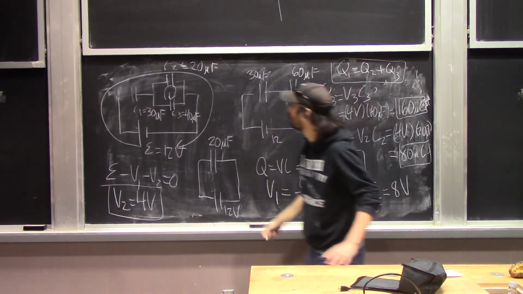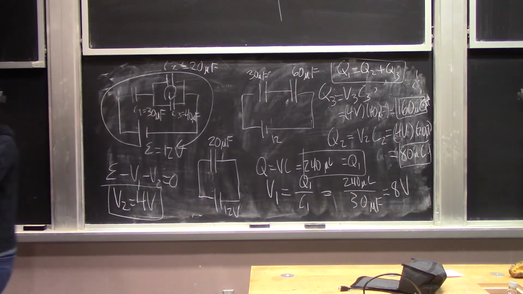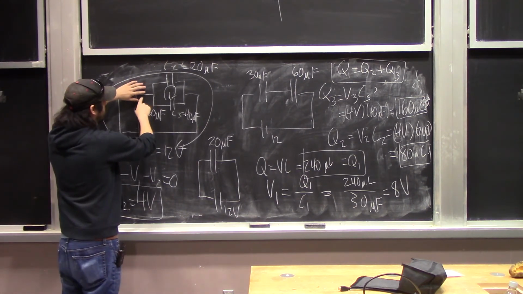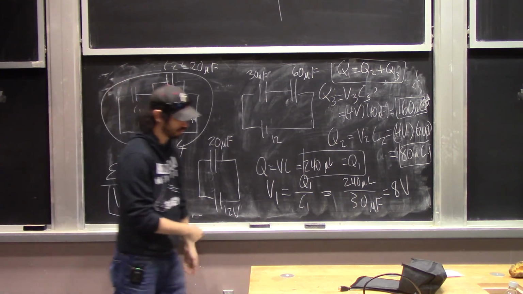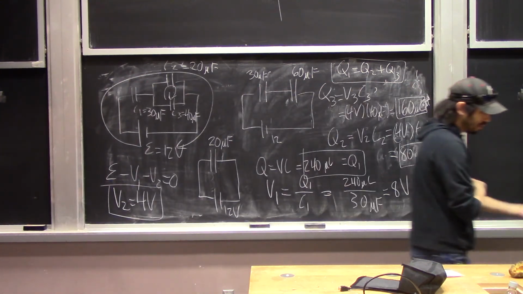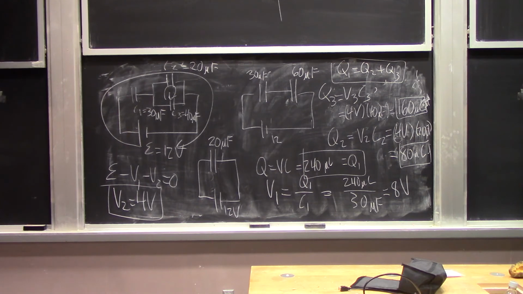In some sense, that establishes a junction rule for charges. If I had this Q1 over here and the Q2 and Q3, Q1 is going to be equal to Q2 plus Q3. So junctions behave the same way in capacitors as they do with resistors when we're talking about current splitting. Now we have the charge that's splitting here.